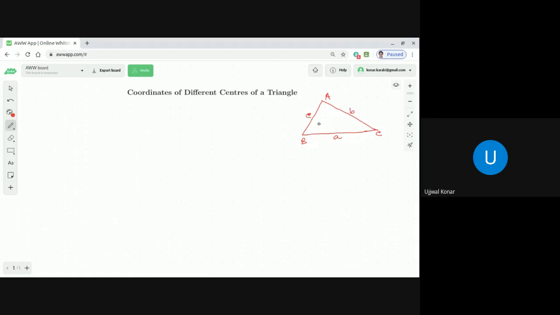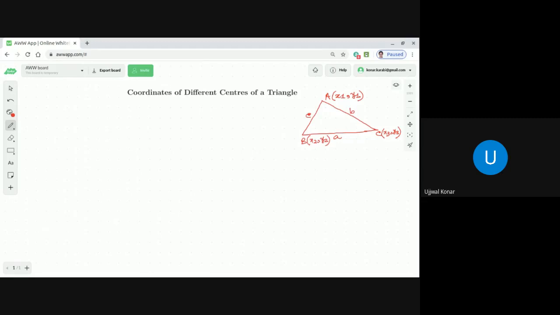To find them, we should also know the coordinates of the 3 vertices. So let us assume the vertex A has coordinates x1, y1, vertex B is x2, y2, and vertex C is x3, y3. These are the 3 vertices.